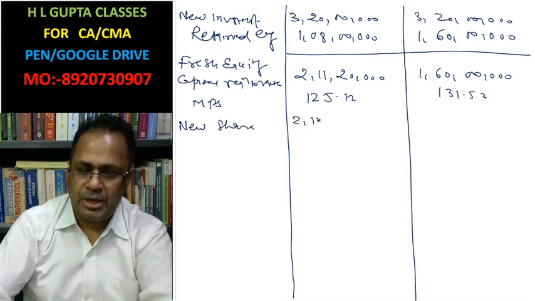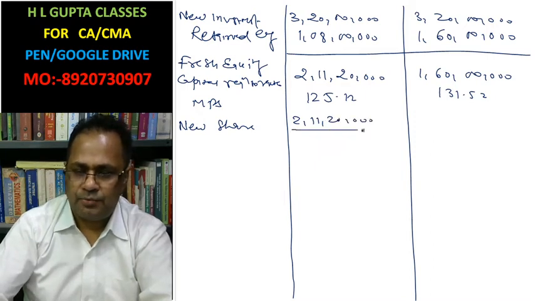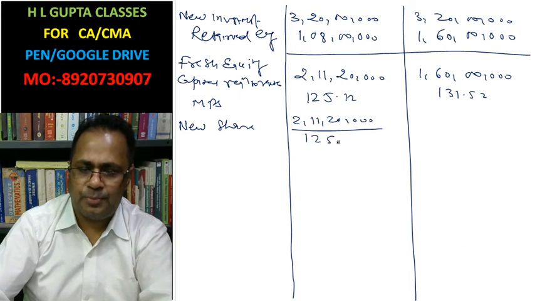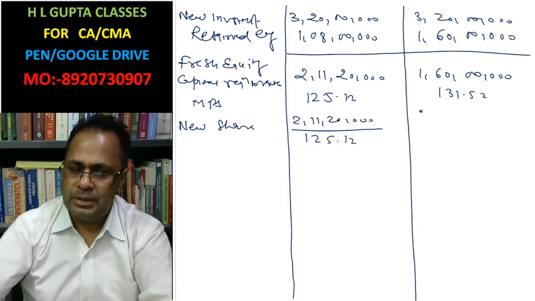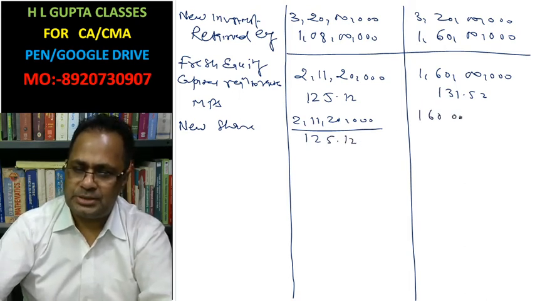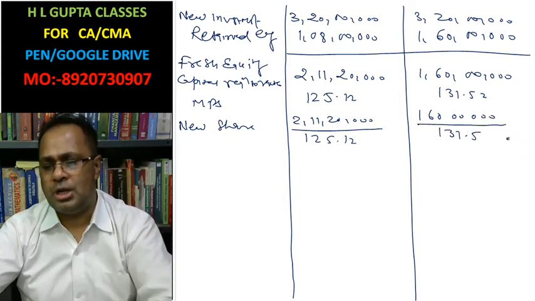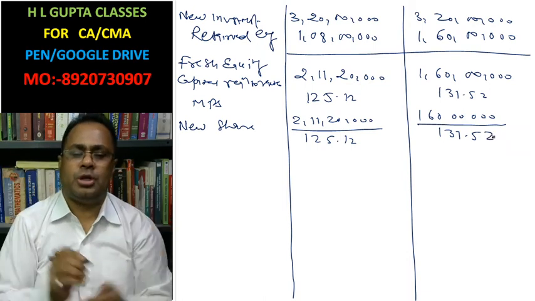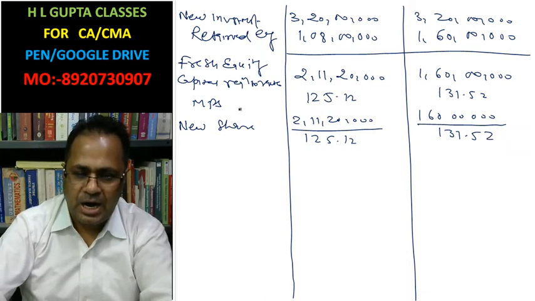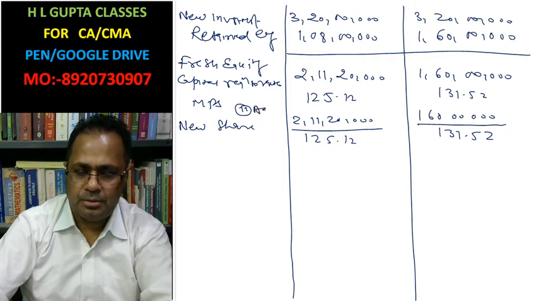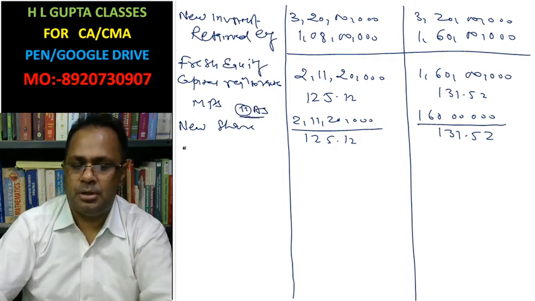This capital we have to raise at the rate of 125.12, and this capital at the rate of 131.52. This is the total number of new shares. This is the answer of the second part.